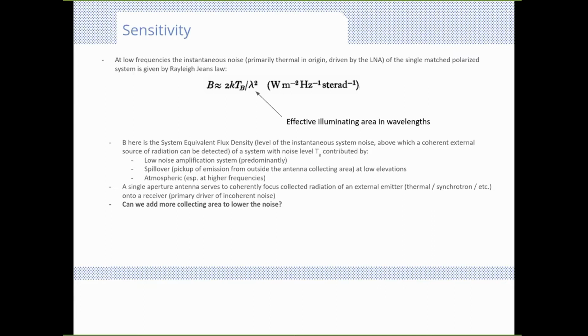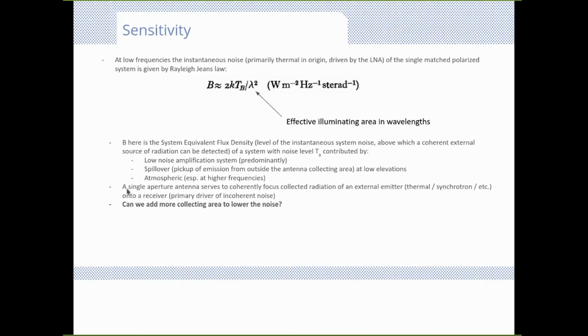Spillover is essentially pickup of emission that stems from outside the antenna collecting area. For instance, the ground is radiating at 300 Kelvin, so it's quite a bright source if you're at really low elevations. If you have a highly directional antenna, such as we have with MeerKAT, and you point it anywhere else, the antenna lobes will drive down that spillover. At higher frequencies, we also have the atmospheric temperature coming into play, but this is mostly a concern only at really high frequencies.